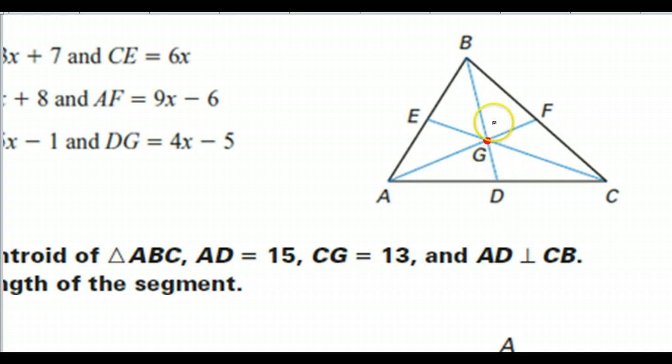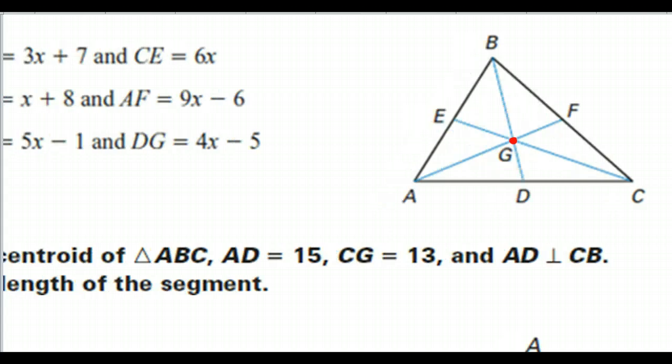So, for example, if the centroid is here, I could also take the longer piece and divide that, and these 3 pieces should be equal. Like if this is x, this would be x, and this would also be x. Remember, the centroid is going to divide the median into 3 equal parts.